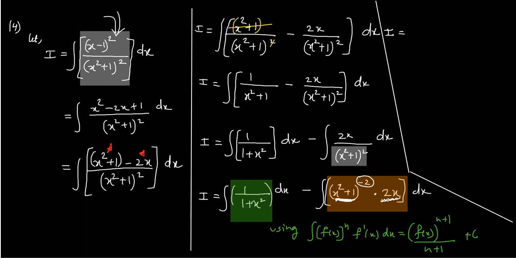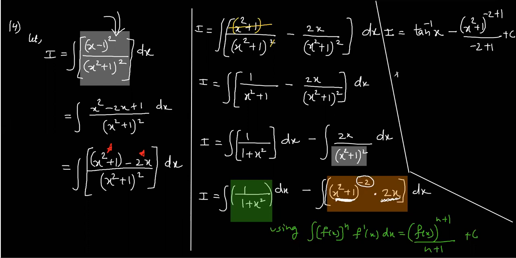This will get me tan inverse of x. Integration of 1 upon 1 plus x square dx is tan inverse x minus, and here I will get f of x raised to n plus 1 upon n plus 1, so x square plus 1 raised to minus 2 plus 1 over minus 2 plus 1, plus c.